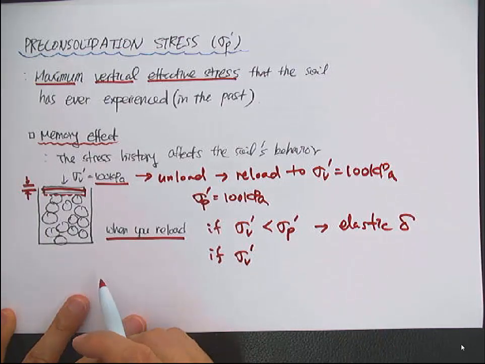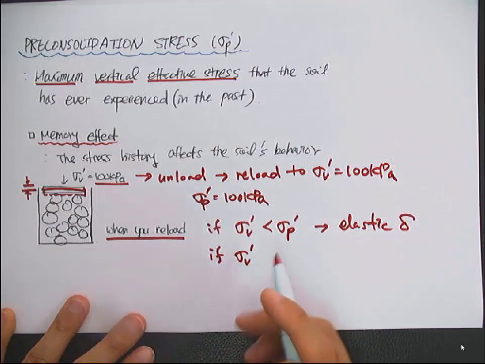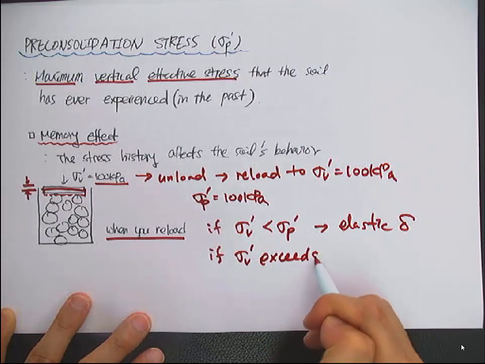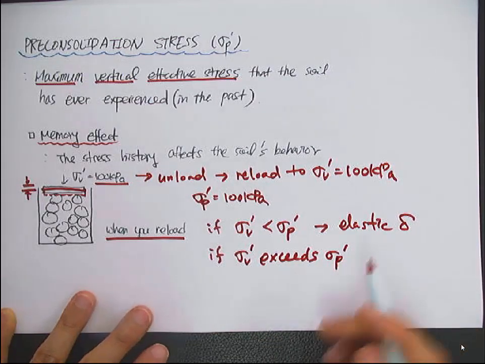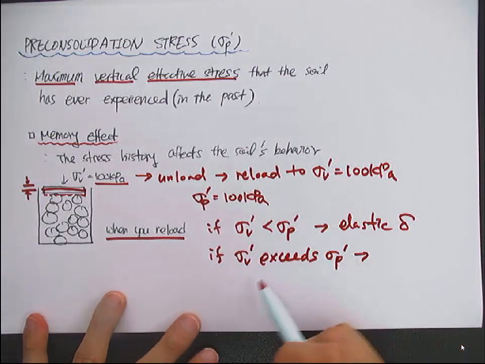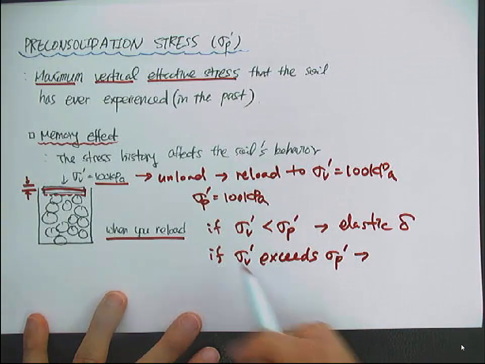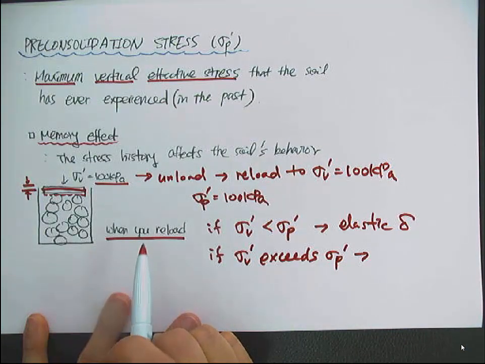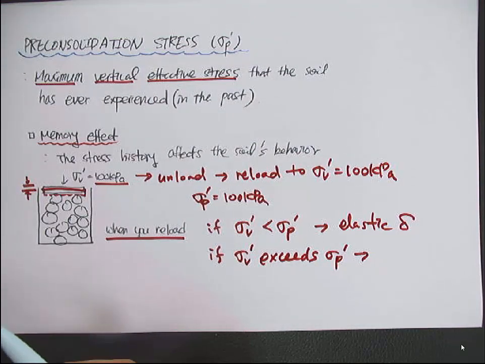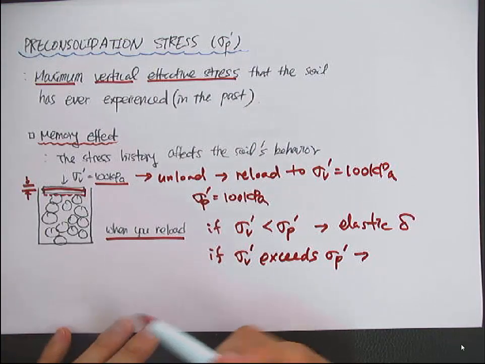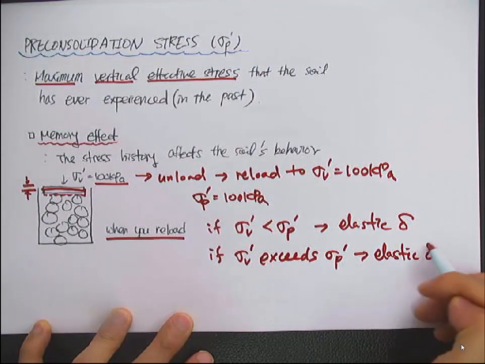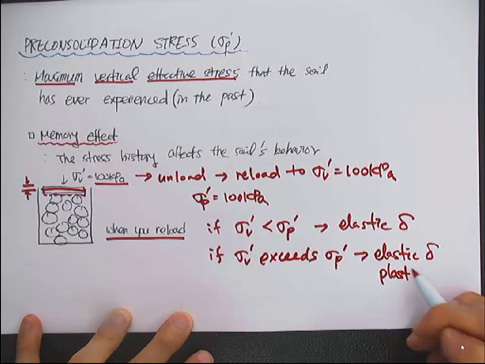And when we increase the vertical effective stress and exceed sigma p prime, it is now a new level of stress. For example, at 200 kilopascals, the maximum stress the soil has experienced was 100 kilopascals, so 200 kilopascals is too large for the soil particles. So then elastic and plastic deformation occur together.